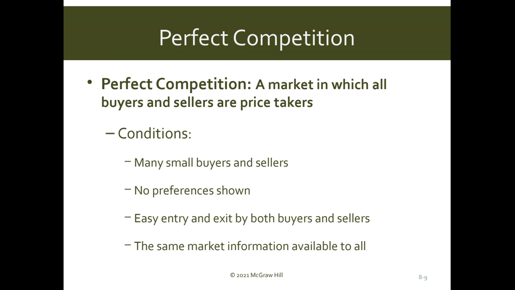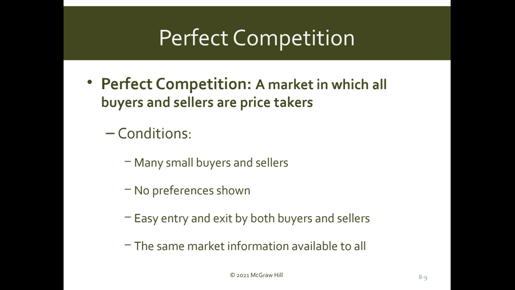After discussing these four market structures, now concentrate more on perfect competition in this chapter. So these are the conditions of perfect competition, which we have already discussed earlier. Many small buyers and sellers, or a large number of firms, or numerous firms, whatever you call it. No preferences shown. Why? Because the product is identical. Easy entry and exit by both buyers and sellers.